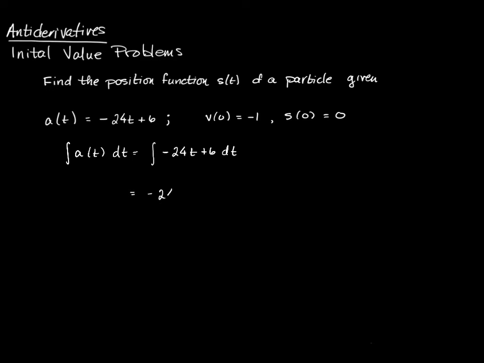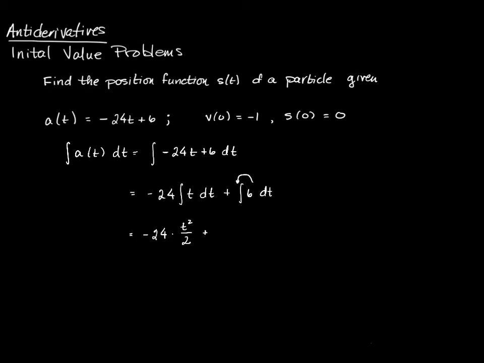Bring the constant out front, take the integral of just t, and take the integral of just 6. And in fact, I could have brought this 6 out front as well and thought of this as 6 times the integral of t to the 0 power. This gives me negative 24 times the integral of t, but the integral of t is t squared over 2.